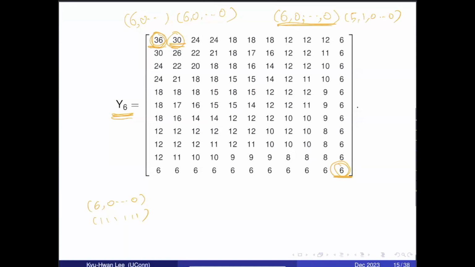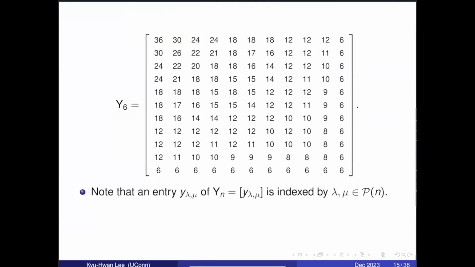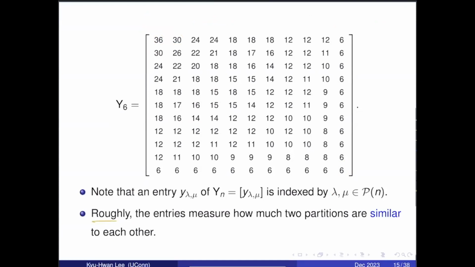Now, if you consider PCA, then we have to diagonalize this, but we don't need to know all the eigenvectors. Roughly, the entries measure how similar two partitions are to each other, as I explained, and the rows and columns are indexed by partitions.